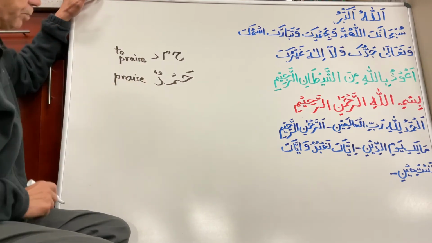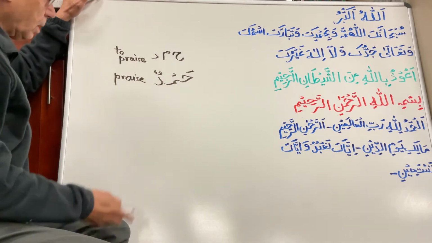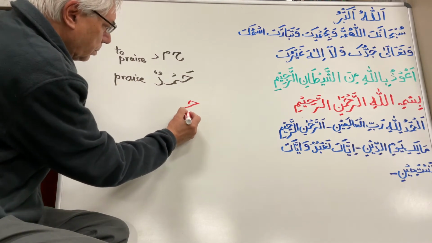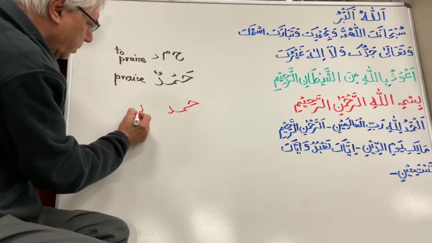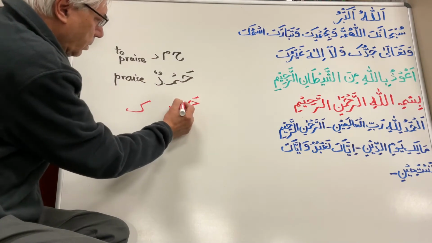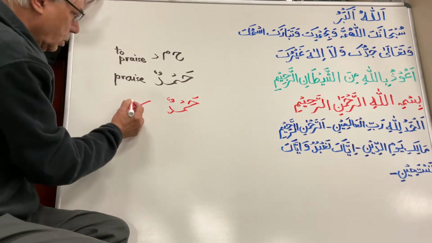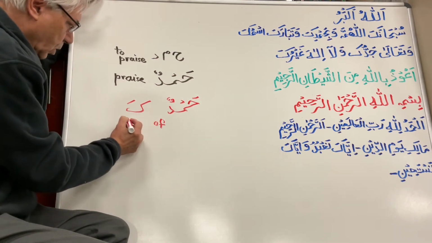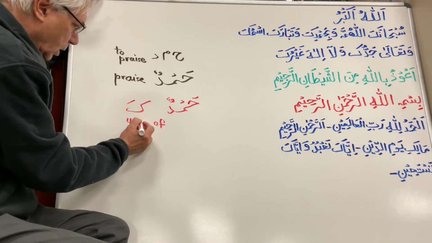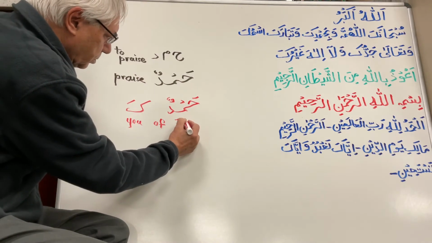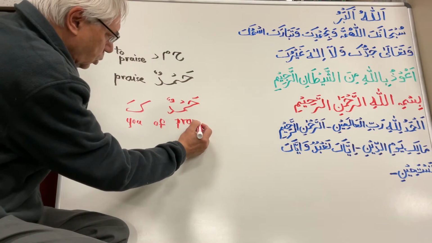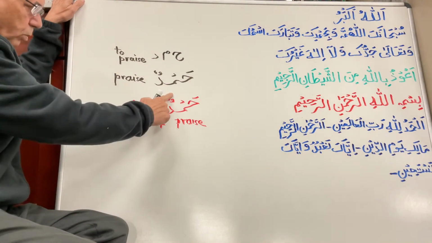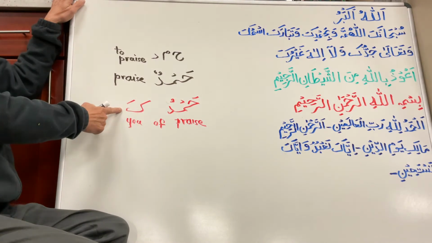Now combine this hamdun with ka, which means I'm putting an alif in between. You and praise. So what's the rule? As soon as you combine and bring an alif in between, one pesh goes away, and the pronoun does not change.